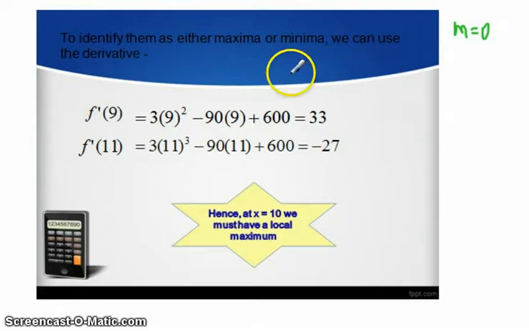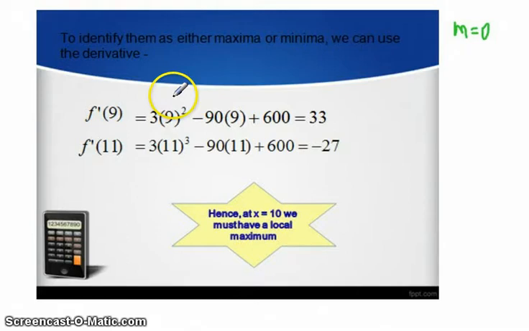Then you just use 9 and replace x in the first derivative that you got, which is 3x squared minus 90x plus 600. So replace all your x by 9. You can actually use any number less than 10, but I think it makes more sense if you use 9.